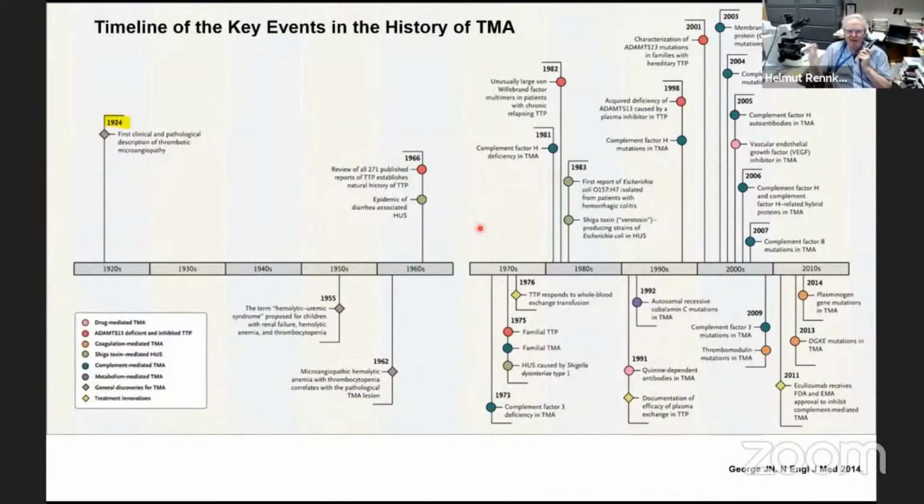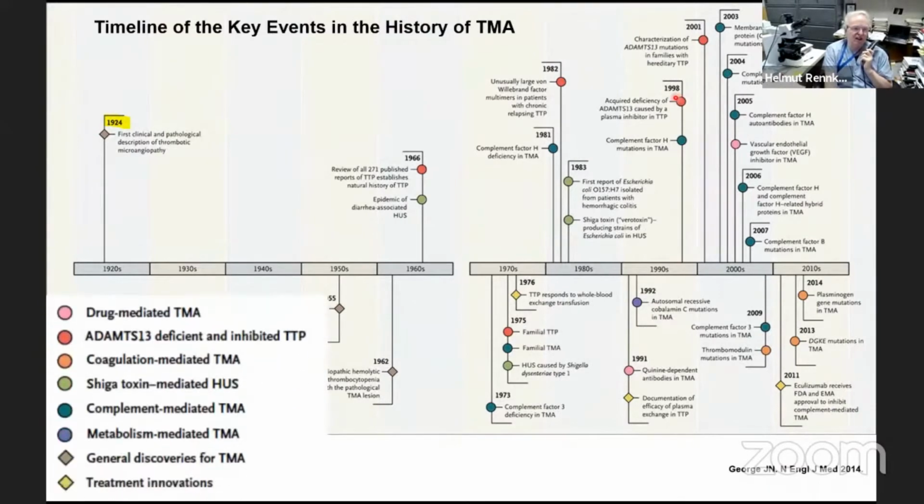Here you can see a little bit of the history taken from a relatively recent review in the New England Journal of Medicine. And you can see that even though we know about this condition for almost a century, the evolution of this and the new aspects, the advances have come in the more recent decades.